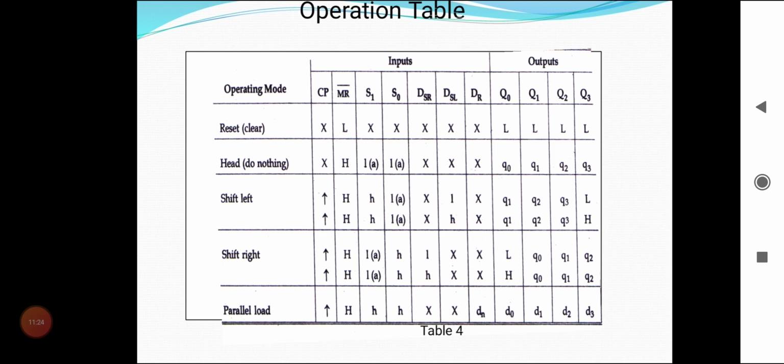Shift left: when the clock pulse is applied or a positive edge occurs, memory reset is high, S1 is high, S0 is l, then shift right is don't care, shift left is high, and Q1, Q2 and Q3 are shifted. So the data is shifting left.